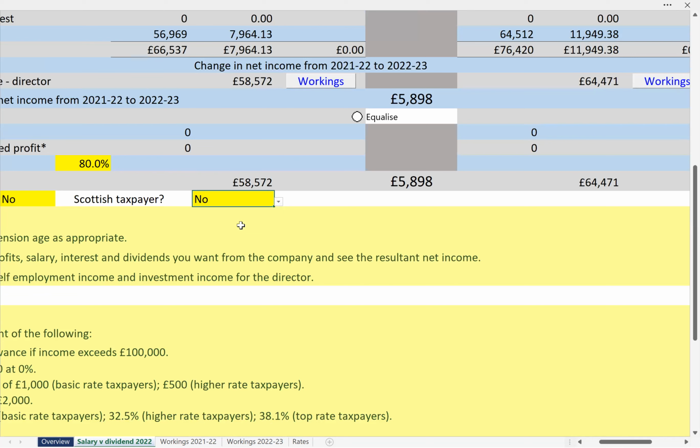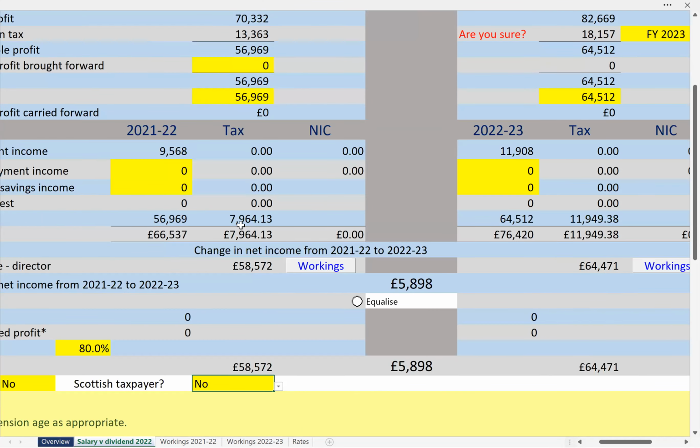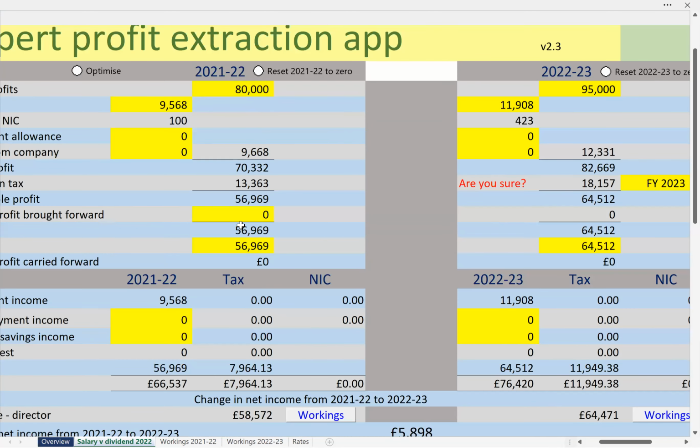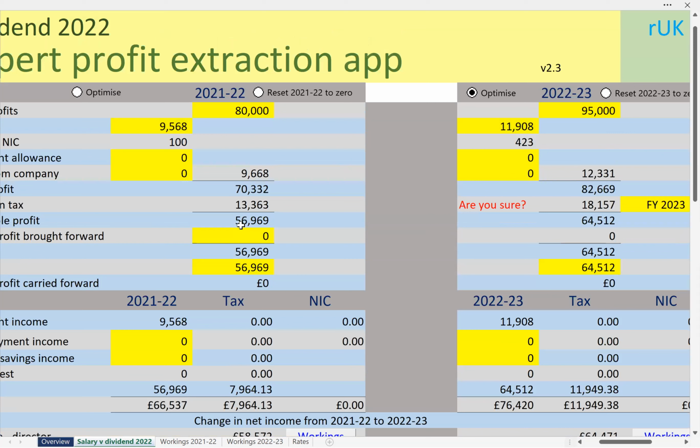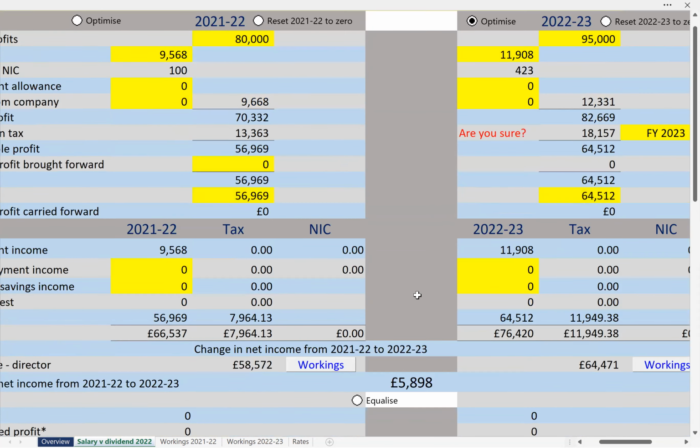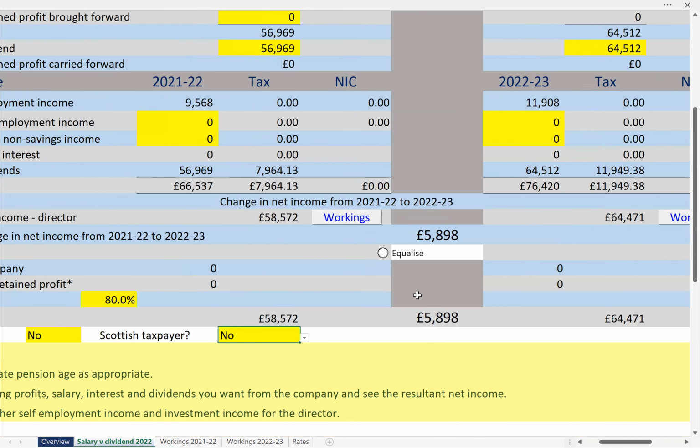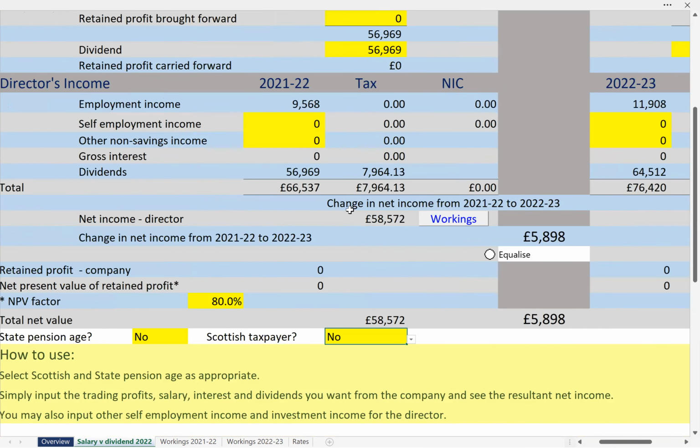The reason for that, unlike on the other presentations in this series, is that the Scottish rates only apply to the non-savings income. So because the salaries there are below the Scottish starting rate threshold, and covered by the personal allowance in each case, there isn't in fact any consequence from being Scottish.